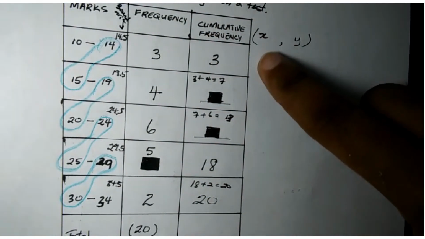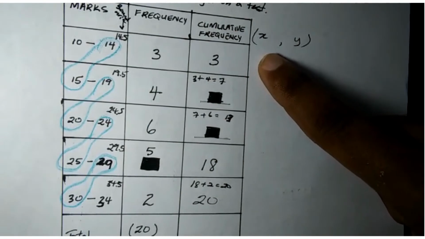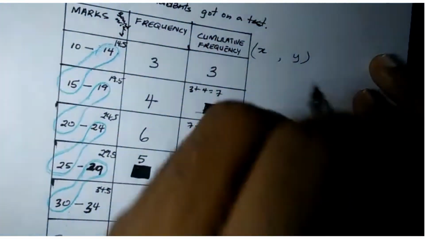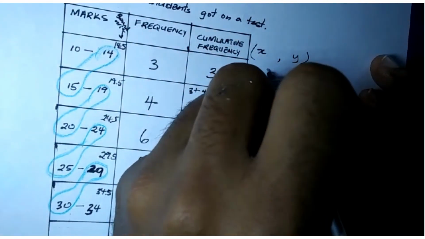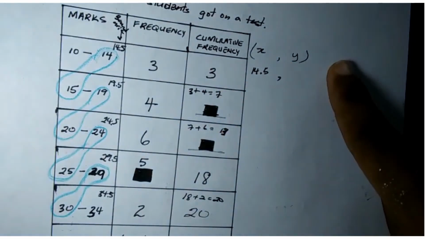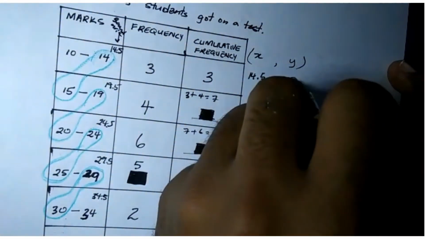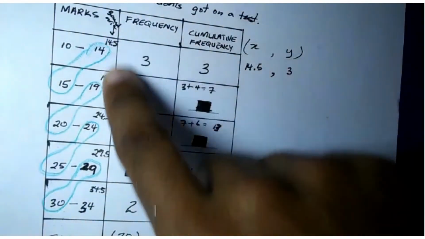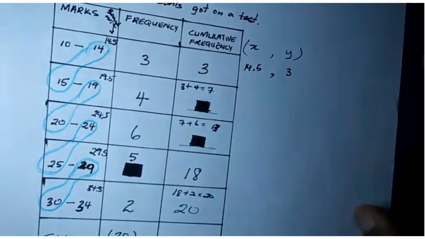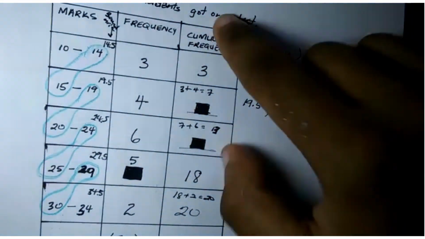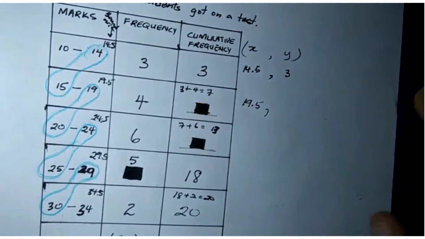So the first point that I would have to plot on my graph would be 14.5 for the x and 3 for the y, my cumulative frequency. The second one that I would plot for my x would be boundary 19.5 and cumulative frequency 7.